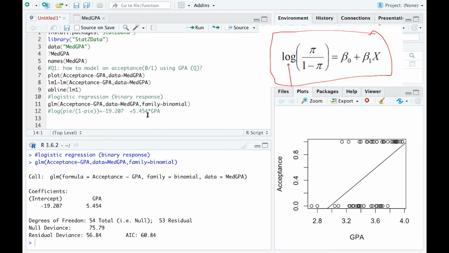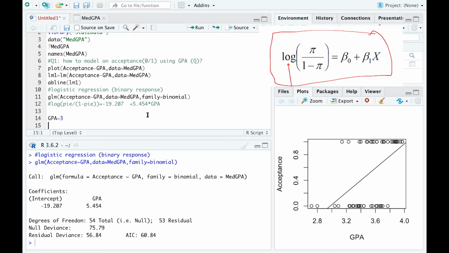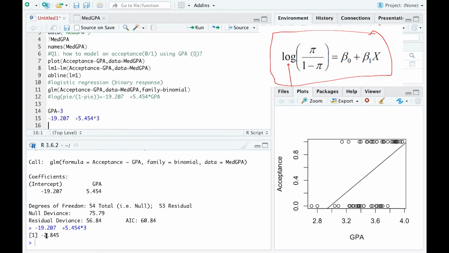So this formula gives us something. Like, for example, if you know the GPA equals 3, you can run this line and plug in number 3 here, and you are getting negative 2.845. So this is the value for the log pi over 1 minus pi.